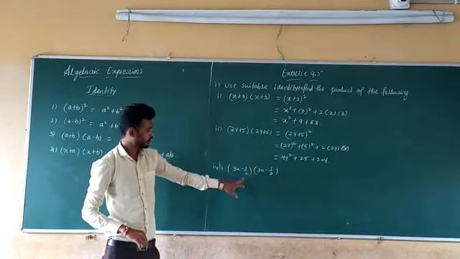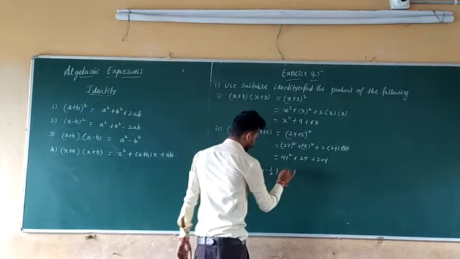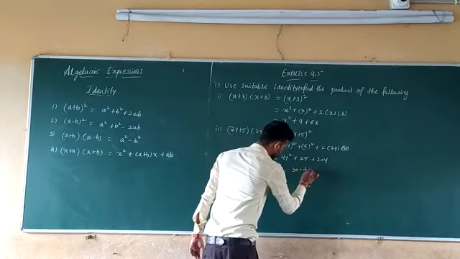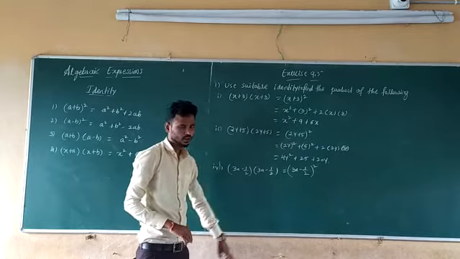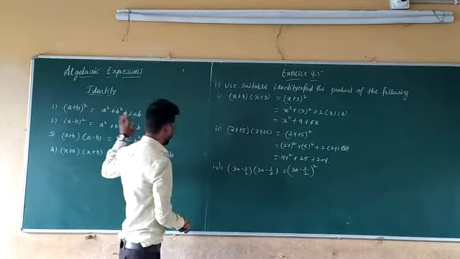So here it is a into a square, that means we can write (3a minus 1 by 2) whole square.